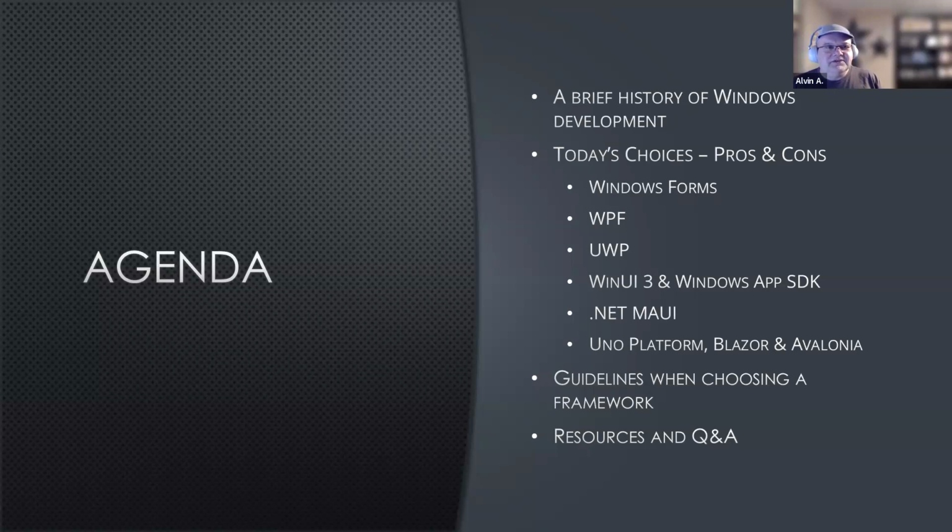We'll have a solution that's got a project of each type that implements basically the same kind of app using a shopping list app with some sample data hard-coded, just to give you an idea of how the UI looks with the different frameworks, how the code looks. And we'll see some similarities and differences. Not the best UI designer, so you'll see pretty much what kind of styling you get out of the box with each of these. And then we'll finish up with a few guidelines you can use when selecting a framework.